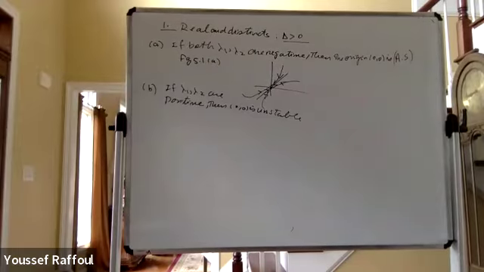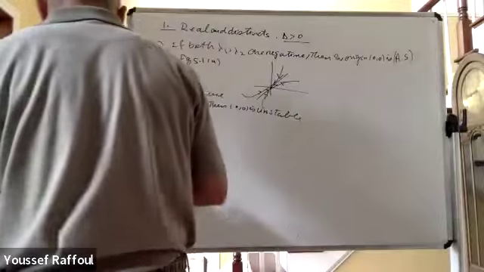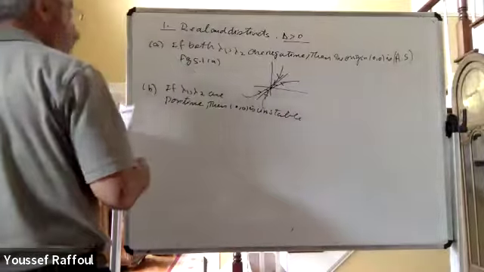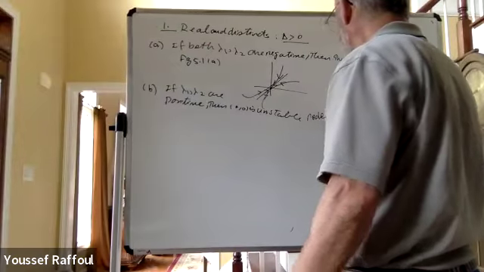It's called an unstable node. Some people use the word node.